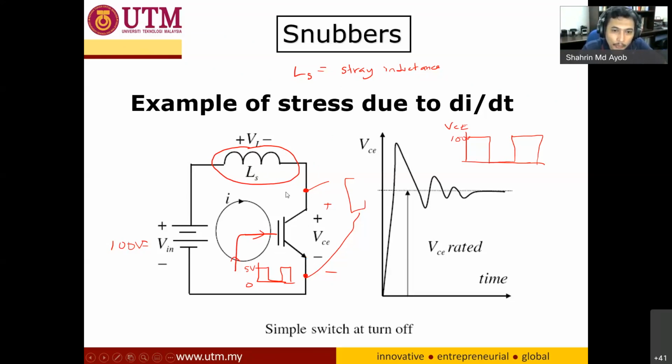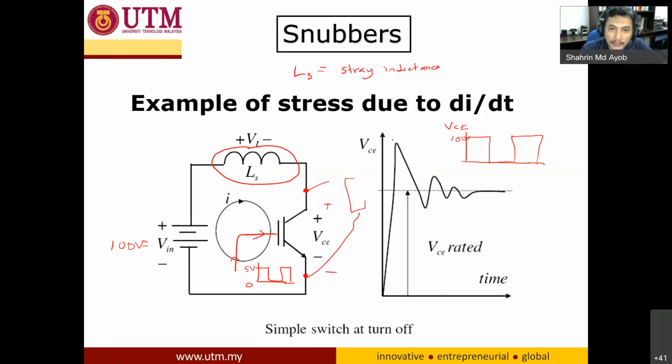When this transistor is turned off, the energy inside the inductor will be released. That's why, as you can see here, we have some overshoot spike, because this is where the energy from the inductor is discharged.